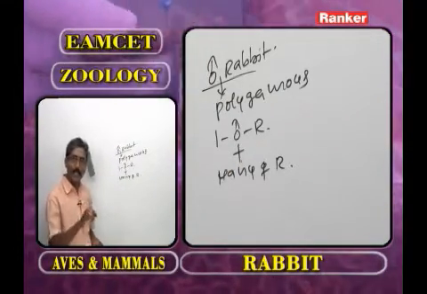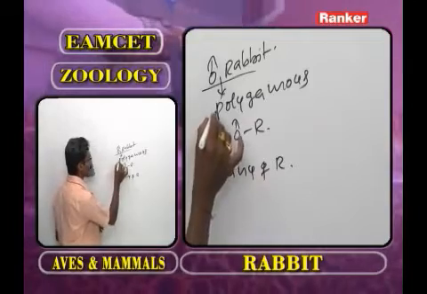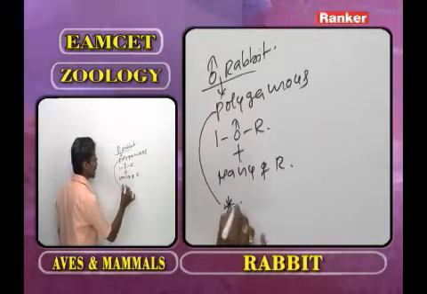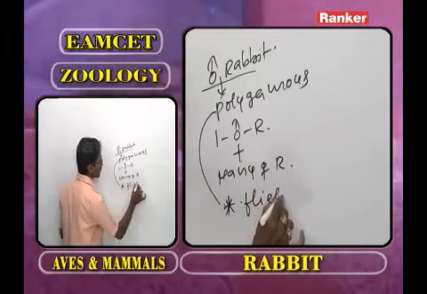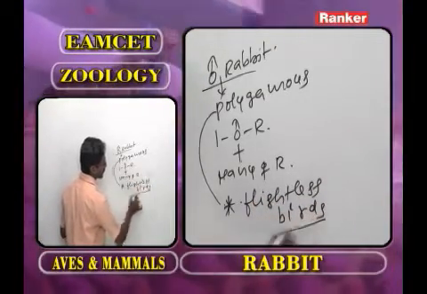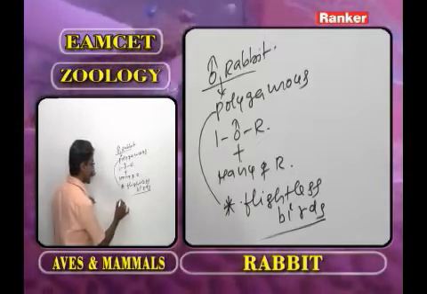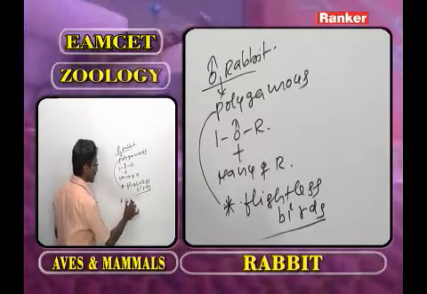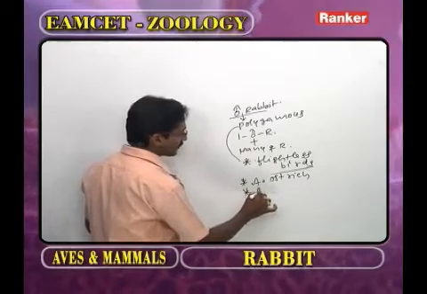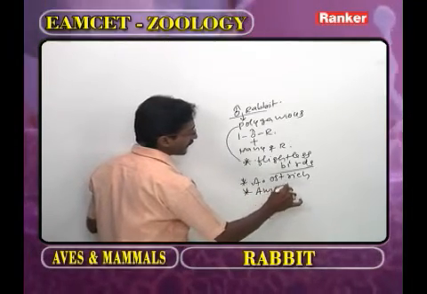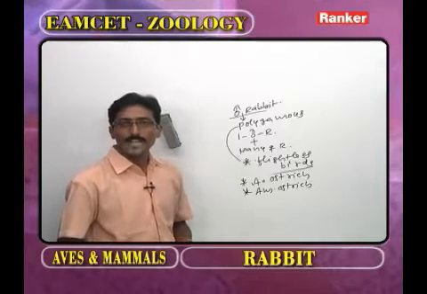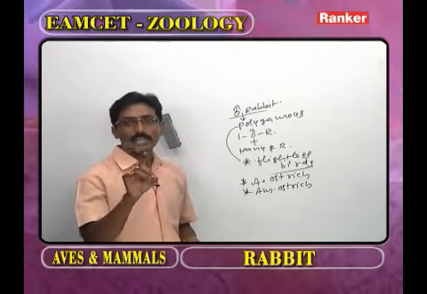This polygamous condition is also seen in flightless birds. One example is the African ostrich, and the second example is the American ostrich. What is meant by polygamous?